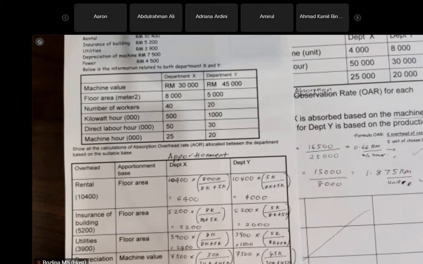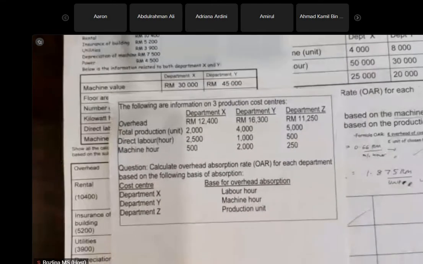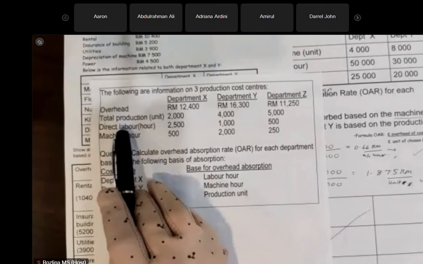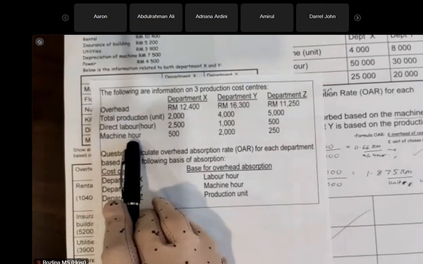The following is information on 3 production cost centers. So you have department X, Y, and Z, with overhead, total production, direct labor, and machine hour.